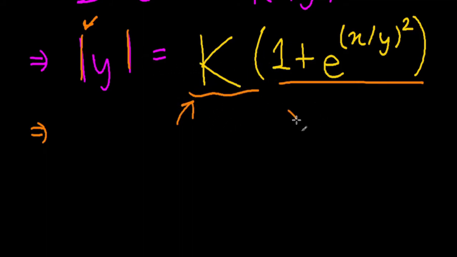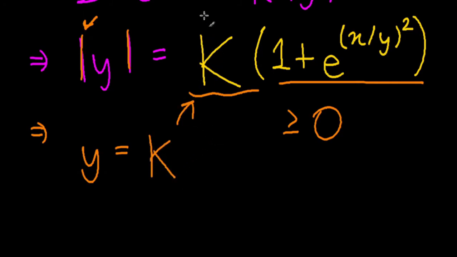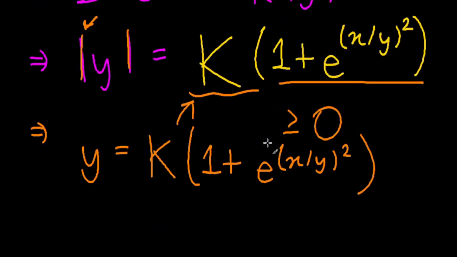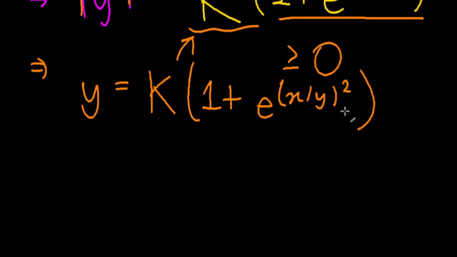Well, if it's already greater than or equal to 0, we don't really need the absolute value. So y itself is just equal to some constant k. It has to be a positive constant, so k is kind of bounded. It has to be a positive constant multiplied by all that we have here. This is the final and probably the neatest solution that you can get for this. And as you can see, this is an implicit function.